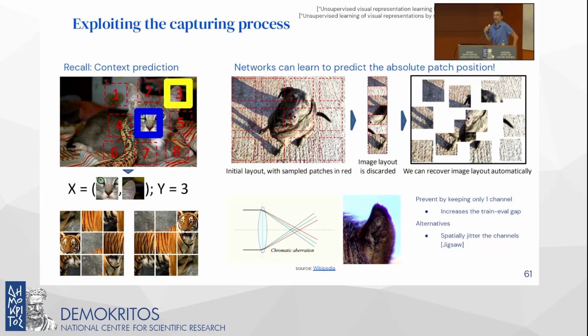So the network is utilizing these chromatic aberration artifacts to solve the task. If you do something like this, training is wonderful, loss is going down, and you think that you have learned something useful, and at the end what you have learned is how to recognize chromatic aberration artifacts. Okay? So be very careful with your data preprocessing and how you define your pretext task. This can be very important.